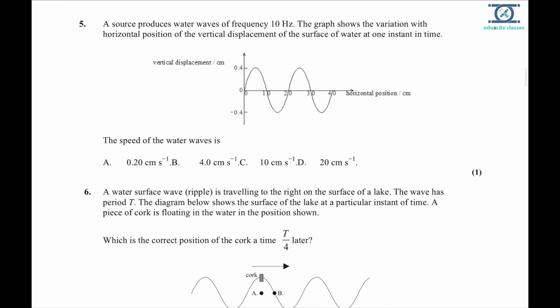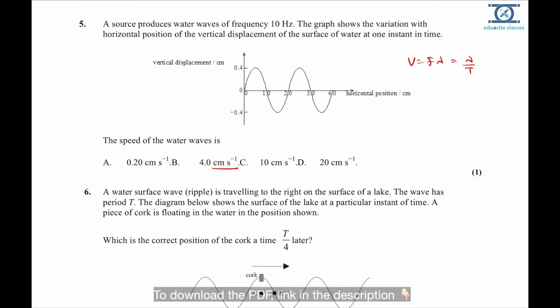Now question number 5 is a direct question. Speed of the wave is v equals f lambda. f is 1 upon time period. The answers are in centimeter per second only. So what we have to do is, lambda is how much? Can you check here?